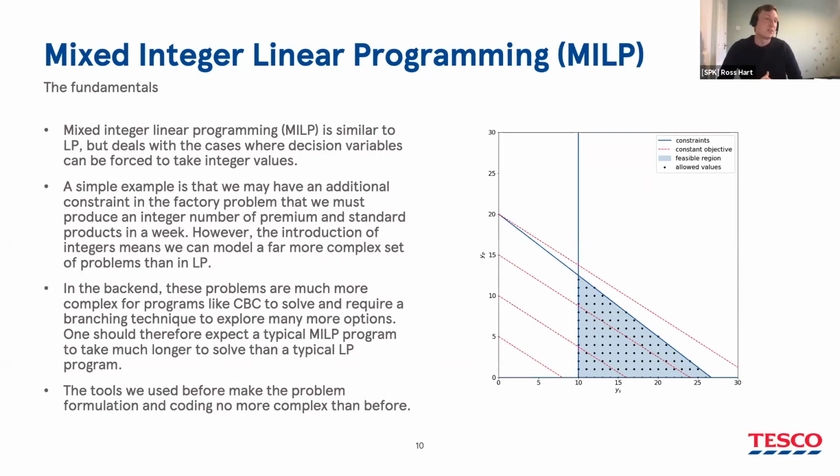What we've got here is the exact same problem as before, but let's add an extra constraint into the mix. Let's say the supermarket that's buying our boxes of crisps aren't concerned if we have a half full box. They will only buy the product off us if there is a full box that's been made. So what this means is that we have what's called an integer programming problem.